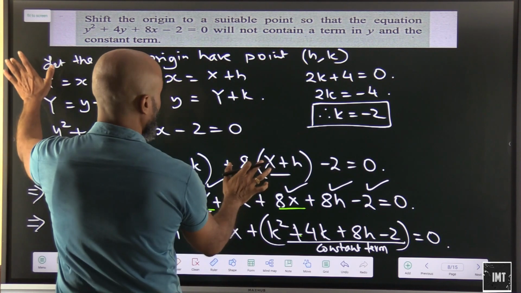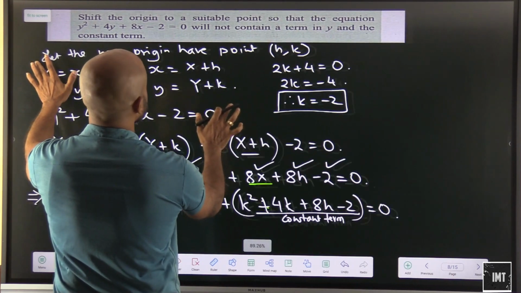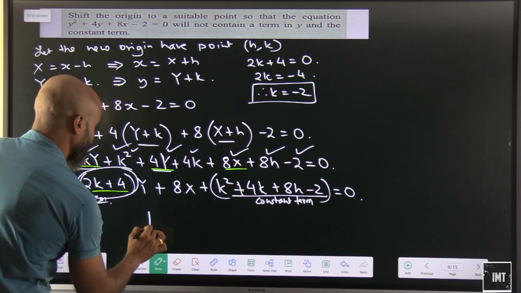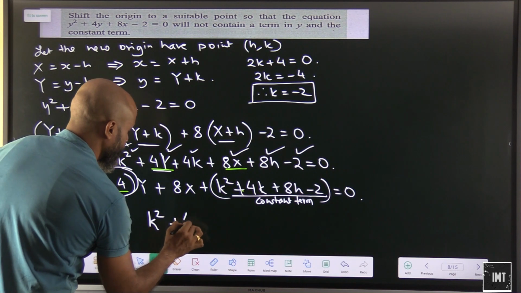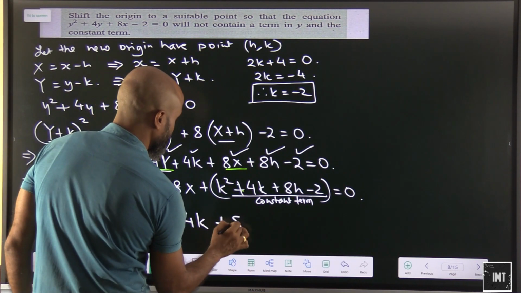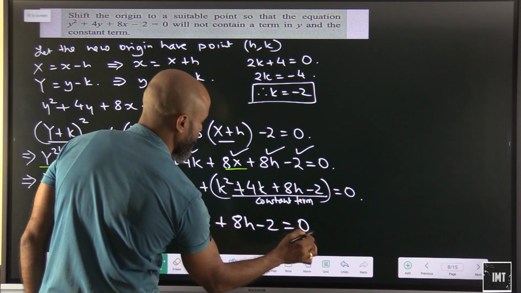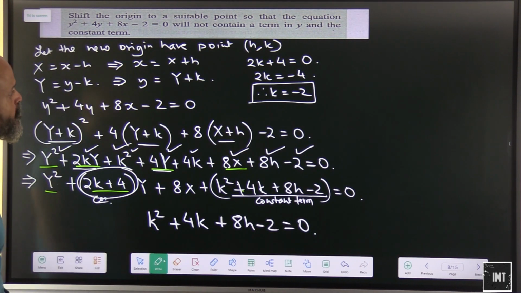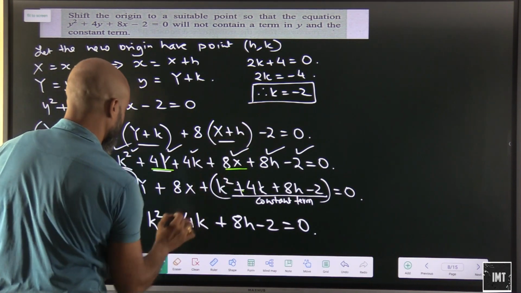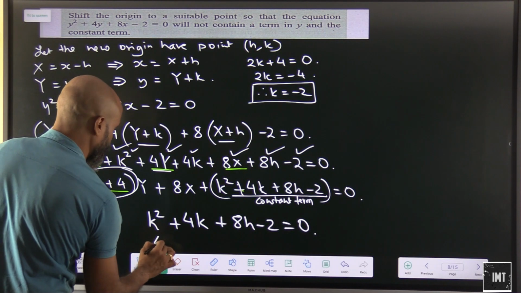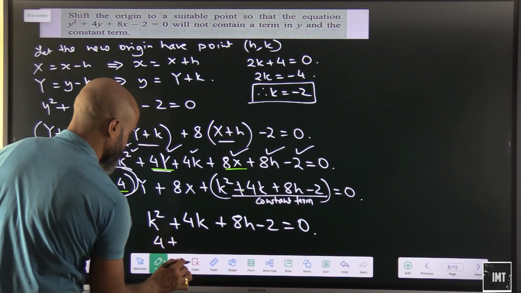Now there will be no constant term as well, so this entire constant term, k square plus 4k plus 8h minus 2, is going to become 0. Now k square we know is minus 2 square, that is 4, plus 4 into minus 2, that is minus 8.